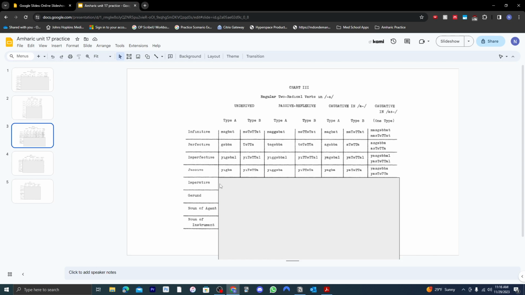Imperative. This one is an exception. I think it's gonna be gibba with an I in between here, and gebba would be that one. Et. Wow, because normally it's the perfective, right? It's very similar to the perfective for these causative ones or these passive reflexive ones actually.